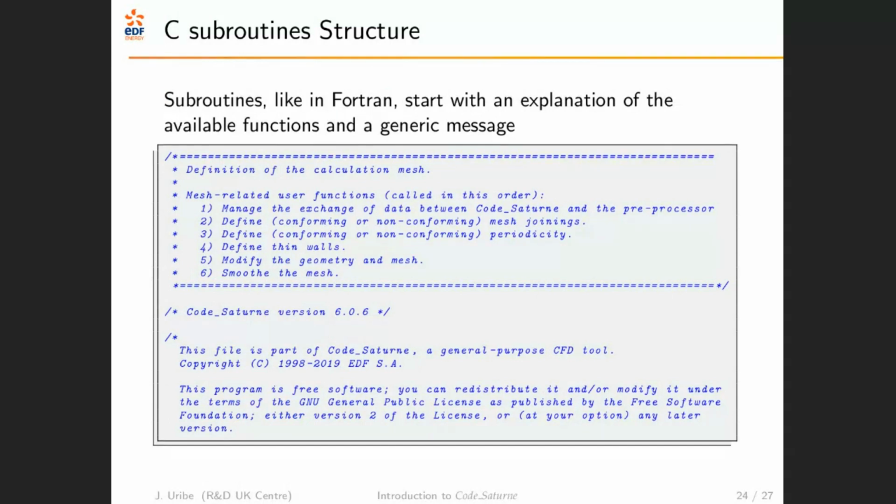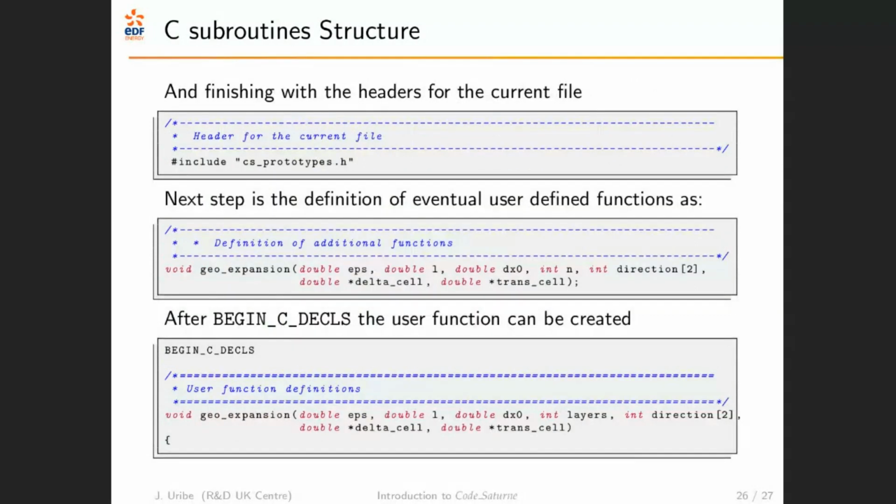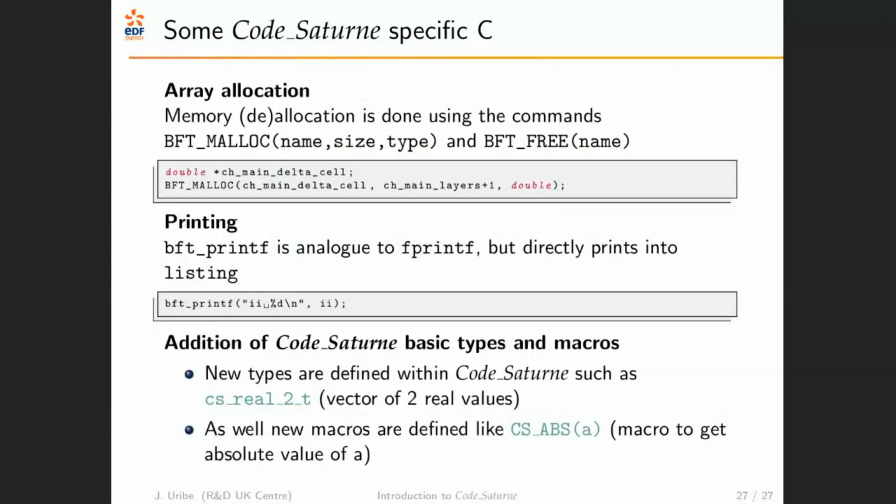Similar to the Fortran subroutines, you start all the subroutines with some comments and with the license statement, and then you have the includes, and the locators as well. Then, as it's starting, you will have your definition of additional functions at the beginning, and then you will have your begin C declarations.